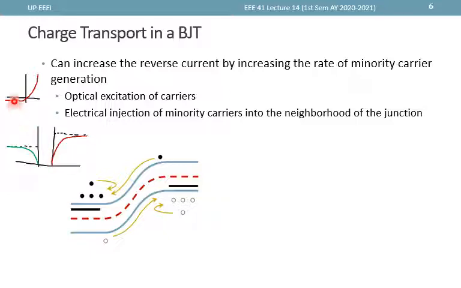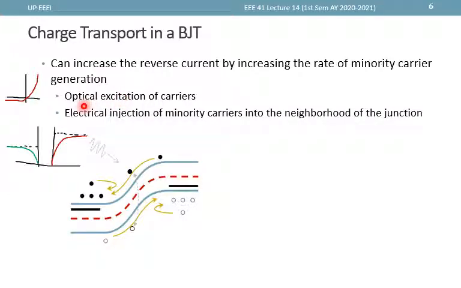Meaning as we reverse bias the device, this point remains mostly at the same place, and therefore we get the same rate of generation, and we end up with approximately the same current.